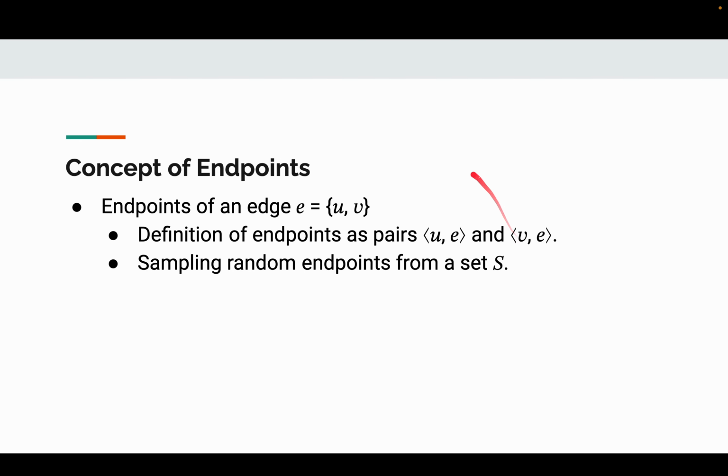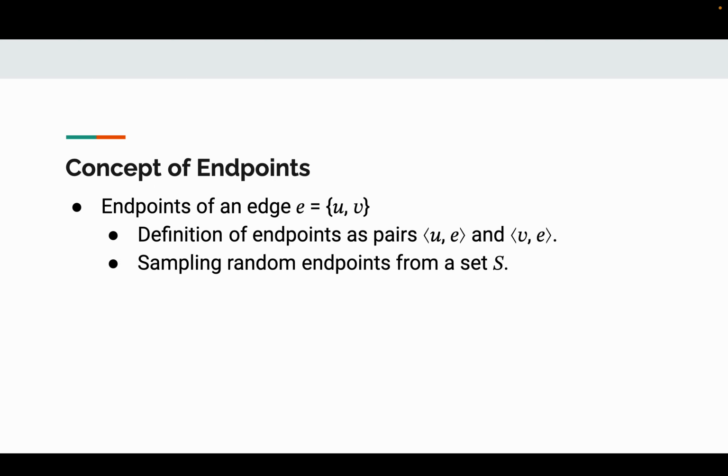And we also want to go through the concept of endpoint. The endpoint of an edge E connecting the vertices U and V is defined as the pair UE and VE. So this definition plays a crucial role when we need to sample randomly from a set of endpoints, which is a step in our later algorithm.